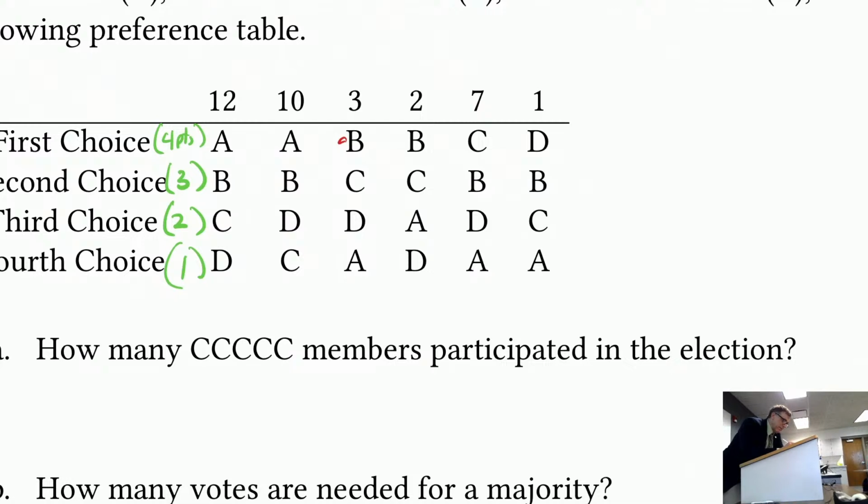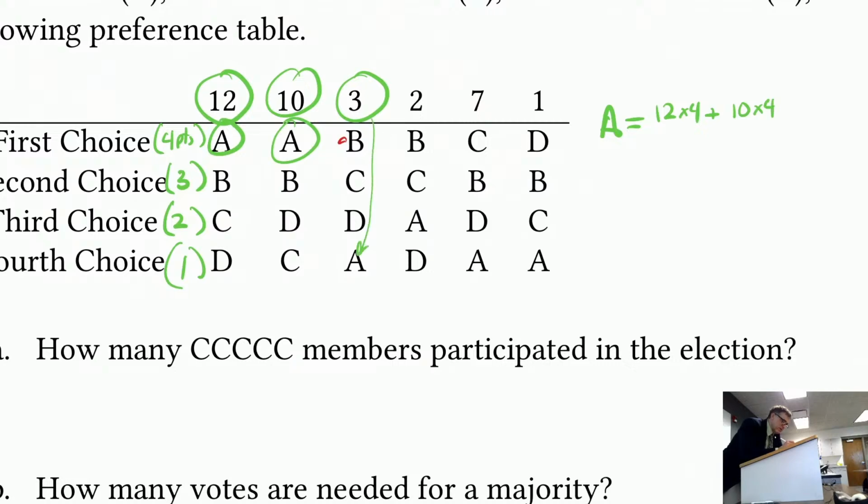So for example, A is going to get 12 voters. Each of them gives A 4 points. So that's going to be 12 times 4. And then these 10 voters, that's going to be 10 times 4 points each.